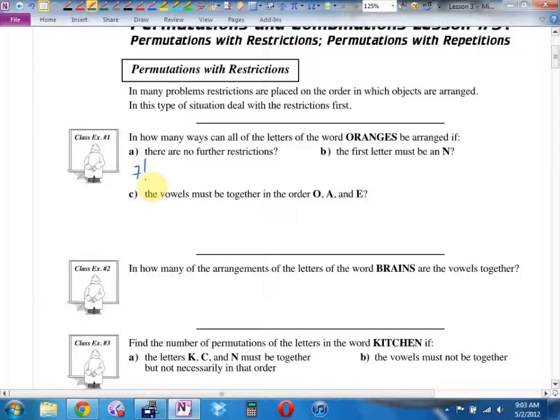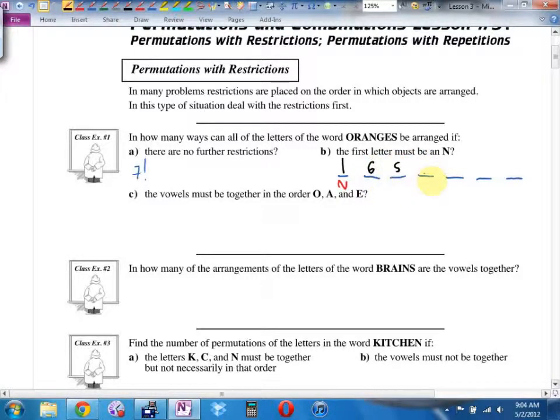First letter must be an N. Now I'm going to fall back on the fundamental counting principle. I'm going to say, okay, 1, 2, 3, 4, 5, 6, 7. The first letter has to be an N. How many ways do I have to pick this first letter? Now, how many letters are there to pick from? 6, then, okay, now I'm going to stop and I'm going to use the shortcut.